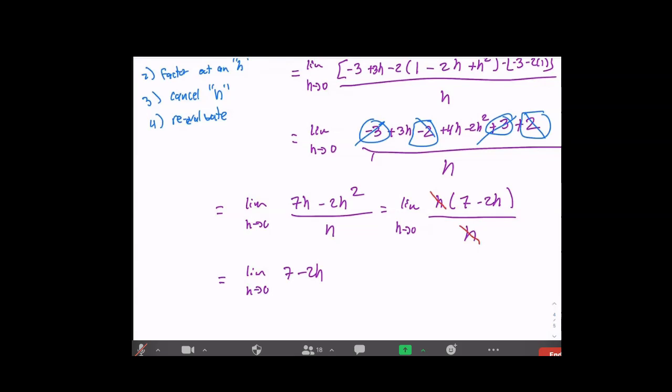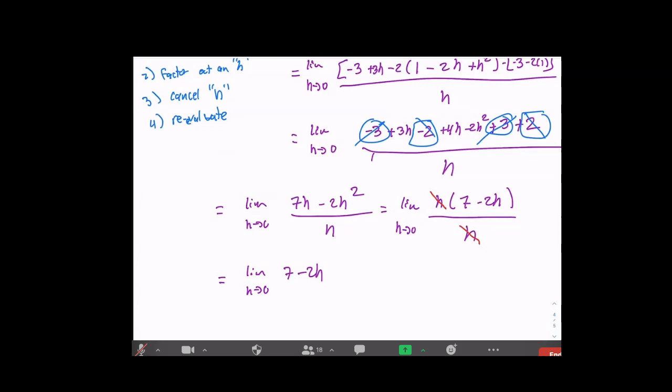How do you evaluate a limit, period? Any limit, no matter what the limit is. If I say evaluate the limit, what's your first step? Come on, I need somebody.